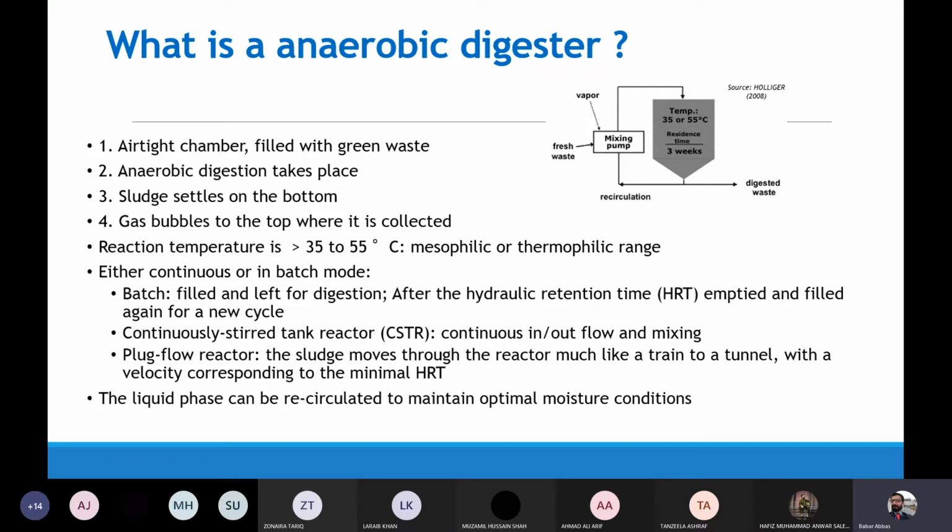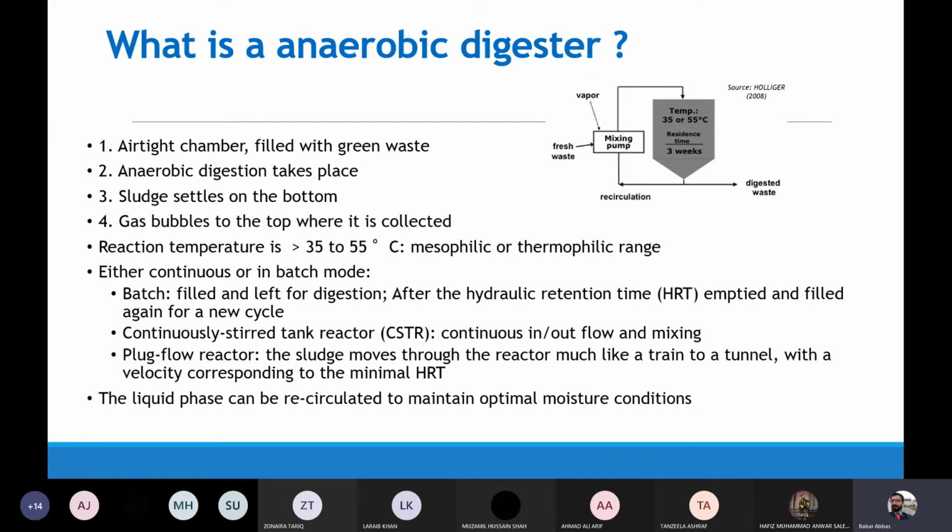The CSTR system is operated on a continuous basis, while the plug flow system is the combination of both these processes. Like a batch is being processed at a very slow speed, which is replaced by a new batch on a continuous basis. So it's a mixture of batch and continuous system.